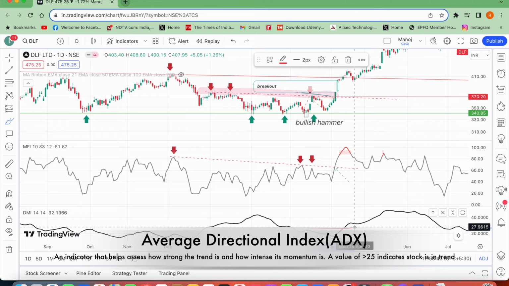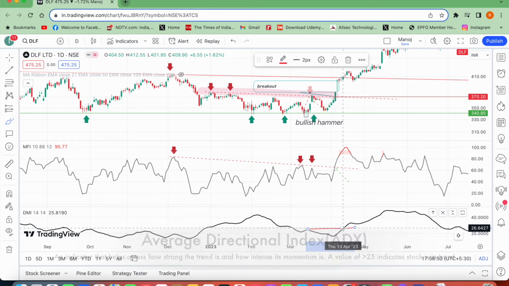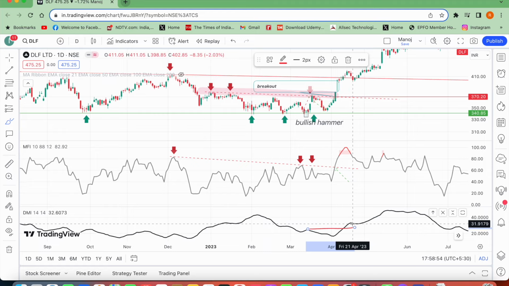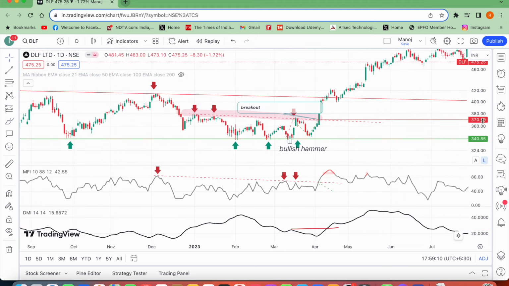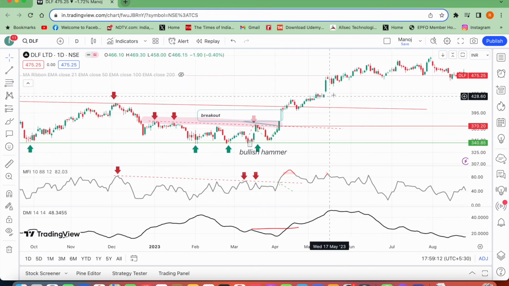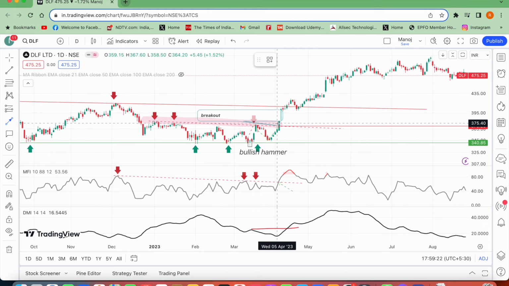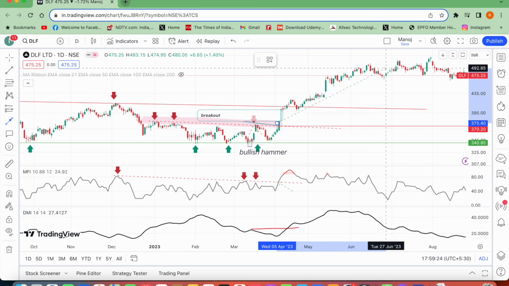Whenever the ADX line breaches 25, that tells me that the stock is in a strong trend. As the ADX moves up, the trend becomes stronger and stronger. You can see over here the price continuously moved up.